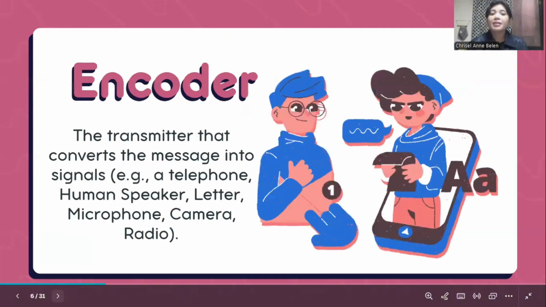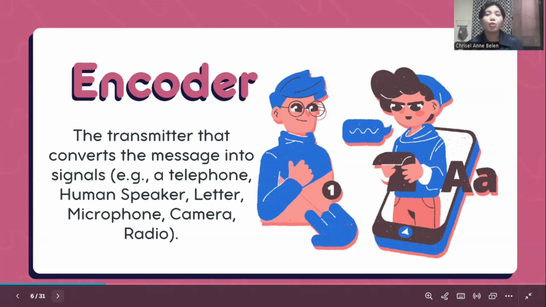Next up is the encoder. The encoder is the transmitter that converts the message into signals. For example, our phones, the human speaker, so the spokesperson of the president is also an example of an encoder. A letter, the microphone, the camera, or the radio.